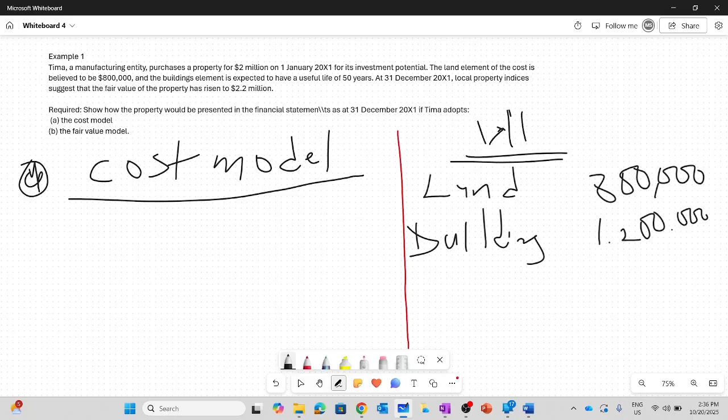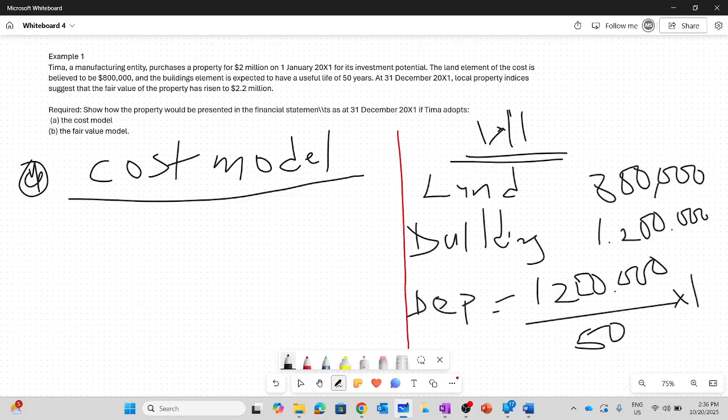Which is $1.2 million divided by 50 times 1. You only need one year's depreciation. So let me use my calculator: $1.2 million divided by 50.